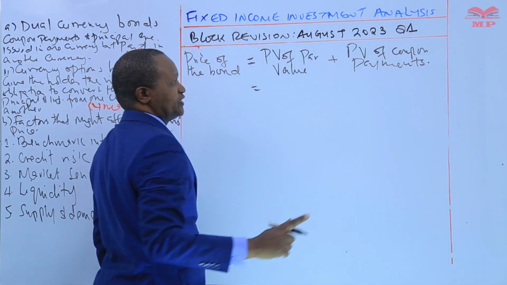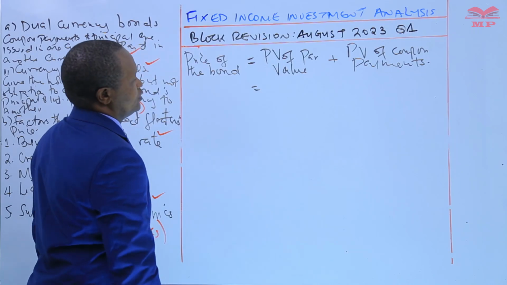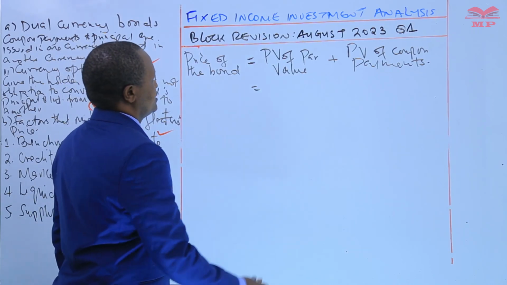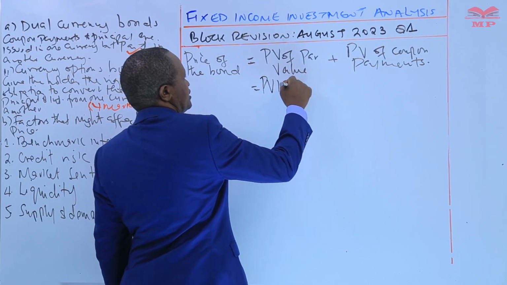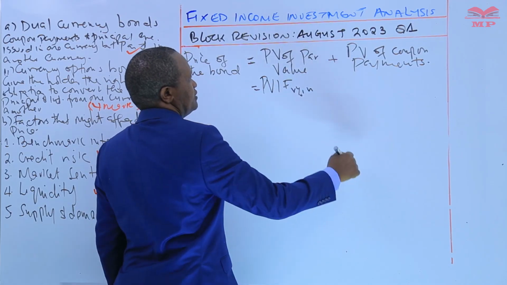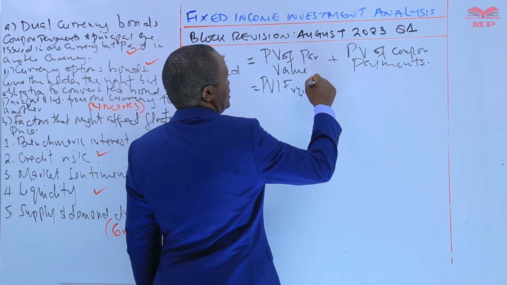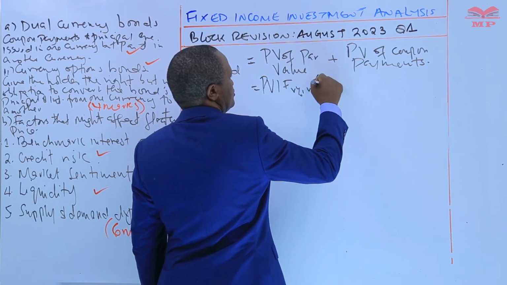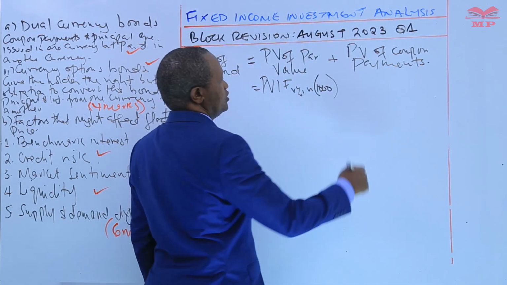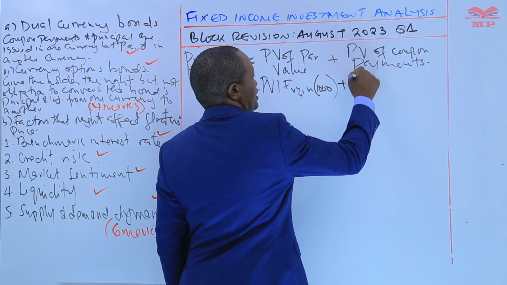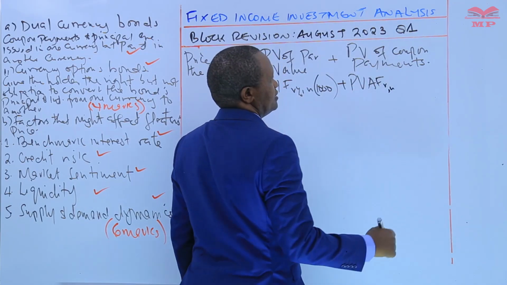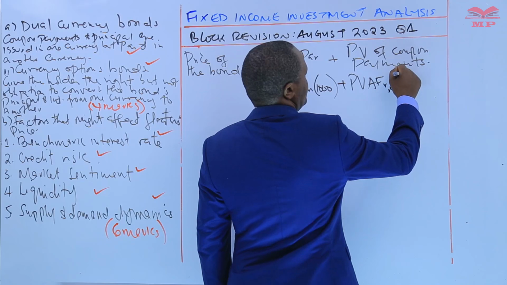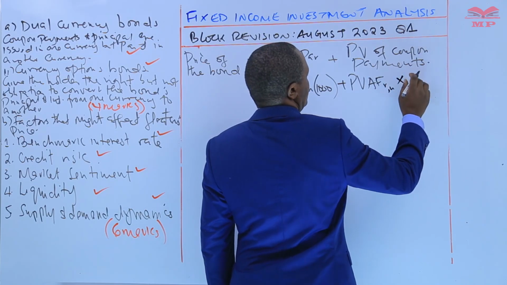The coupon payments, these are annuities. So we are going to use different present value factors. This will be the present value interest factor at r and n, multiplied with the 1,000, the face value, plus the present value annuity factor at r and n times the annuity of 120.